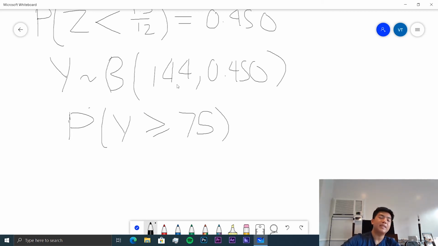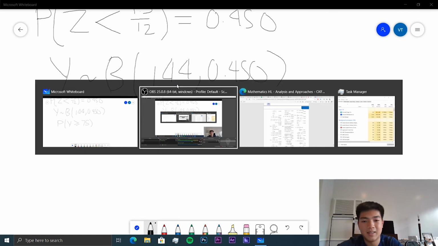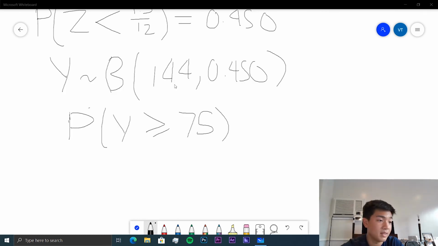And so the thing is, this is quite a large binomial. What would this be equal to? Are we just allowed to use a calculator?